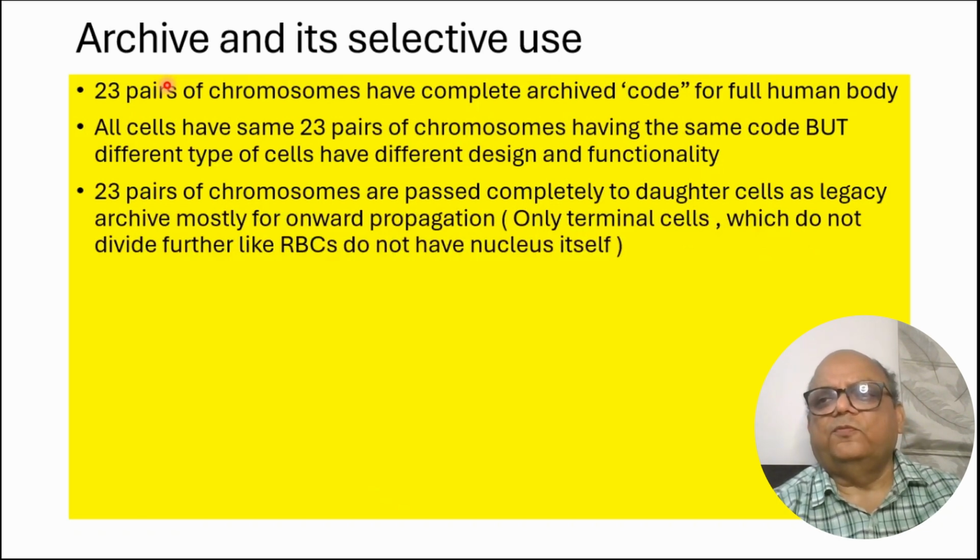Okay. So only in a rare case of terminal cells like red blood corpuscles, which probably do not generate any daughter cells, they don't need even a nucleus. So those cells may not have even a nucleus.